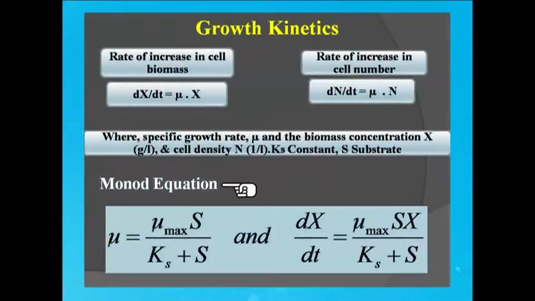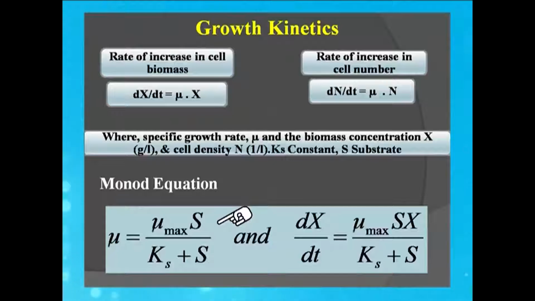So Monod defined the equation, which states that the specific growth rate can be easily calculated if we know the maximum growth rate. The equation says that mu is equal to mu max into S divided by Ks plus S. What is this S here? This is the substrate concentration, and Ks is the substrate specific constant.